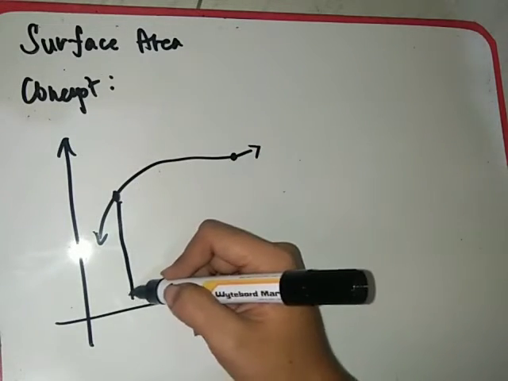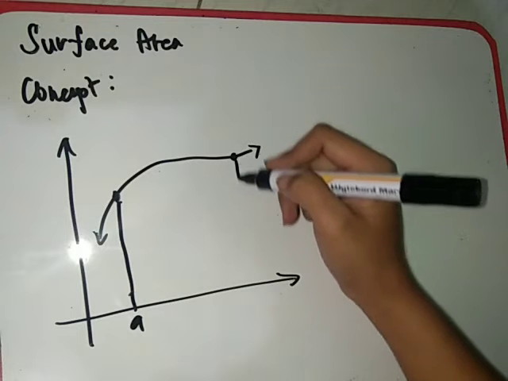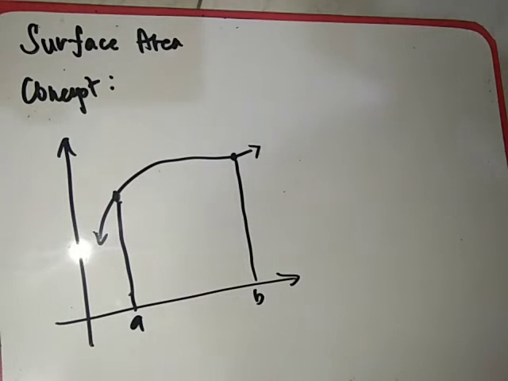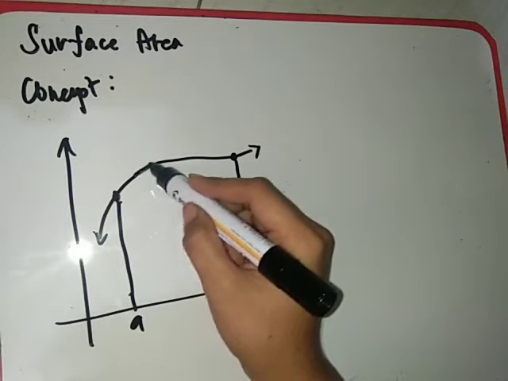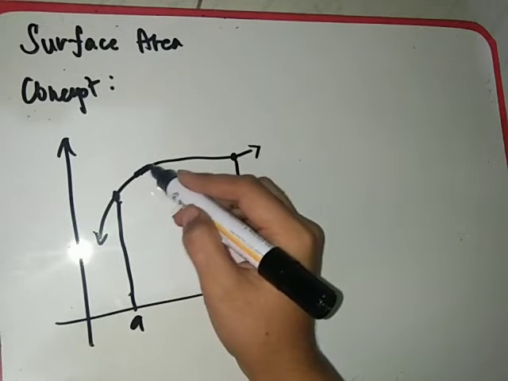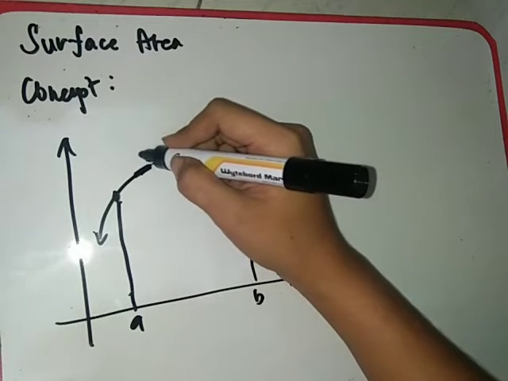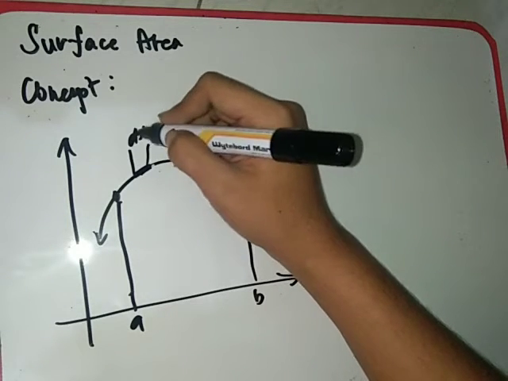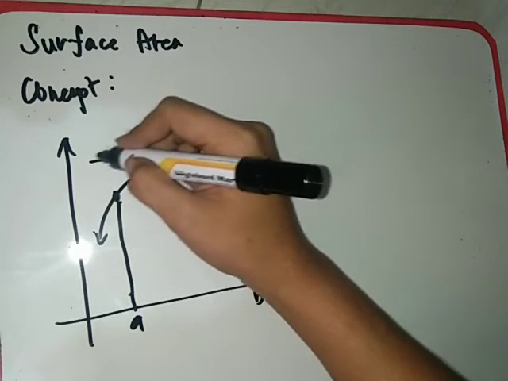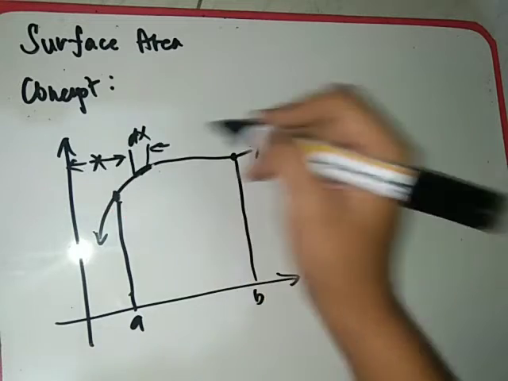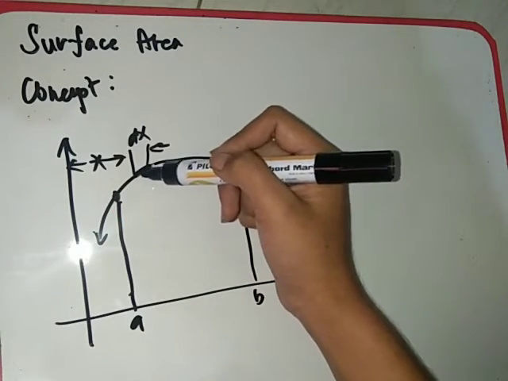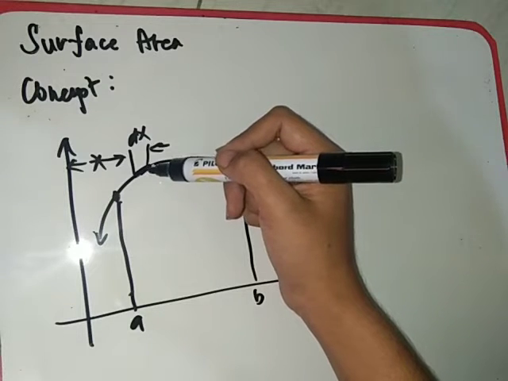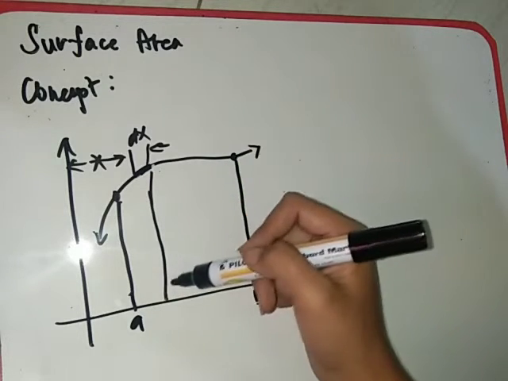So assuming that this is A and this is B. We have to draw here the strip. So this is the x, this is the x, and then the height is y.